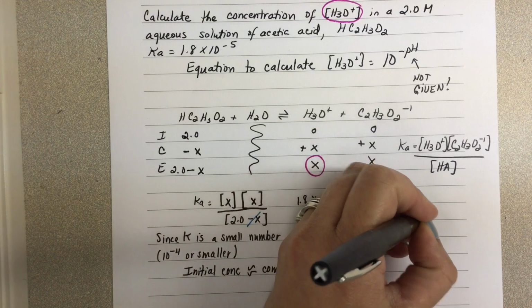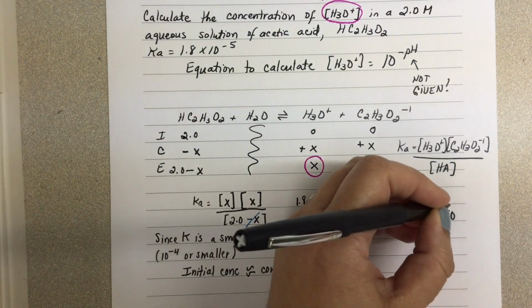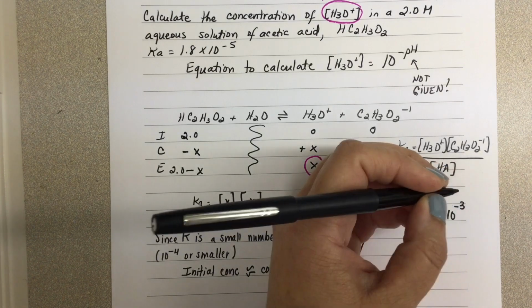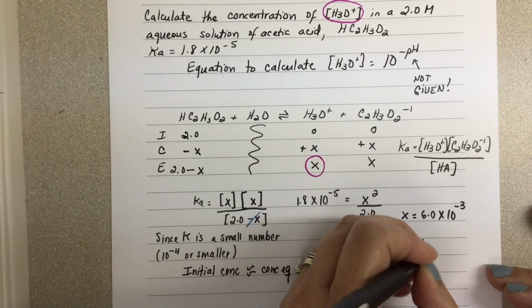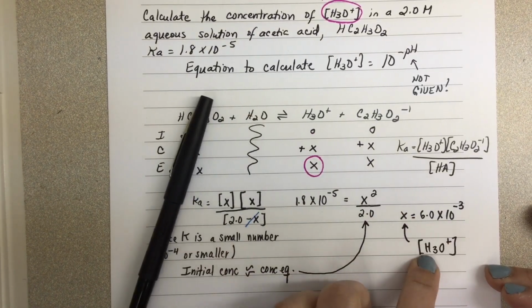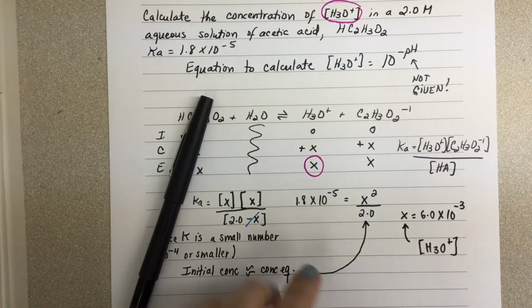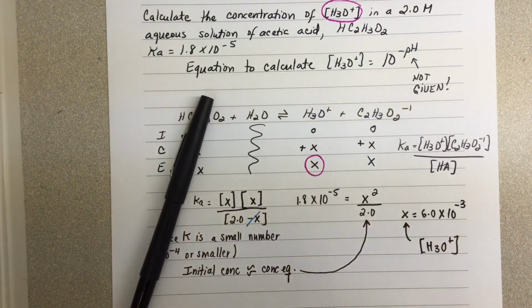And I have an x value of 6.0 times 10 to the minus 3. And you're trying to calculate the concentration of hydronium. The concentration of hydronium is x, so that's the concentration that you're trying to calculate.